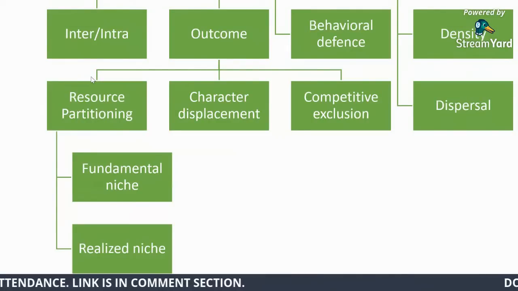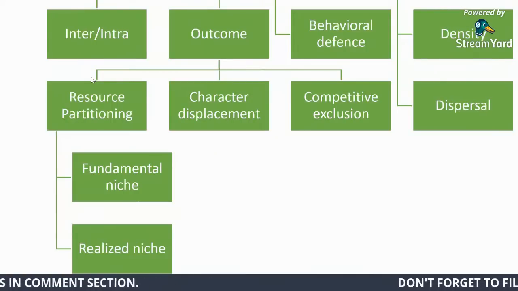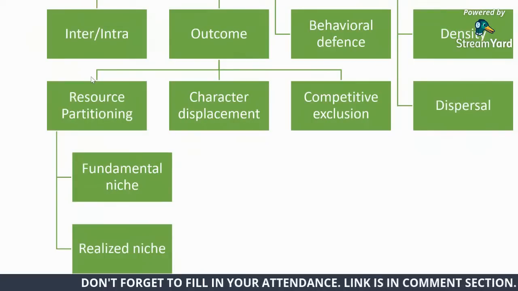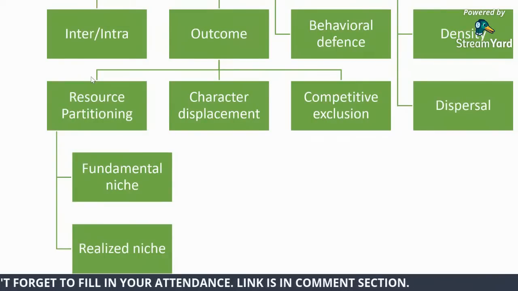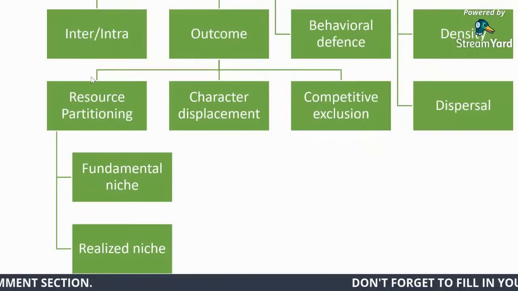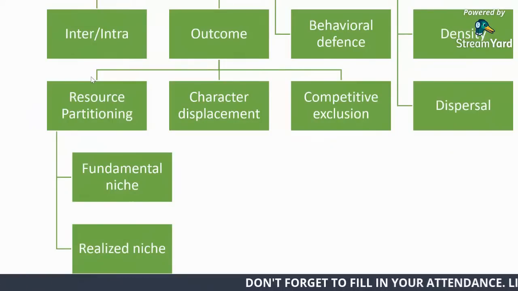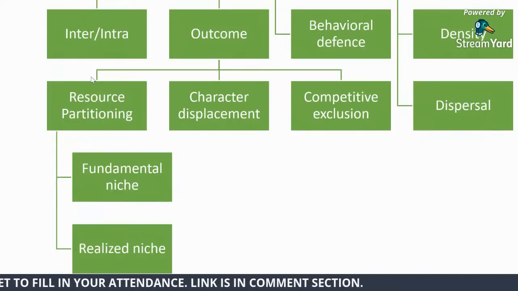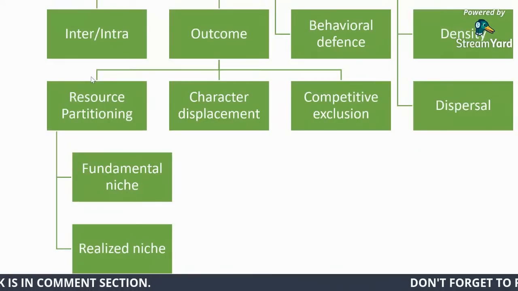Right, and for character displacement, you will see the example of the Galapagos finches that the character displacement occur due to evolution. Evolution, right? So eventually character displacement ni sebenarnya adalah hasil daripada resource partitioning, that the two species of bird, they eat different seed.